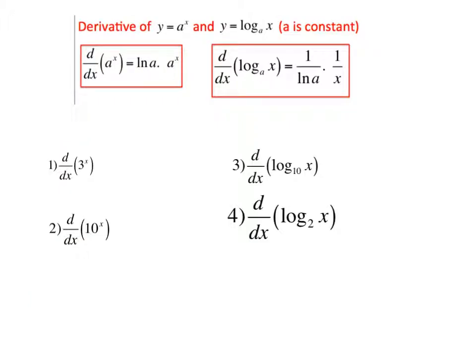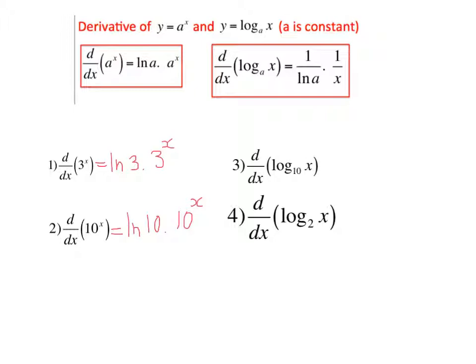Let's apply this rule now to some examples. Differentiating 3 to the power of x is going to be log of 3 times 3 to the power of x. Differentiating 10 to the power of x is going to be log of 10 times 10 to the power of x.